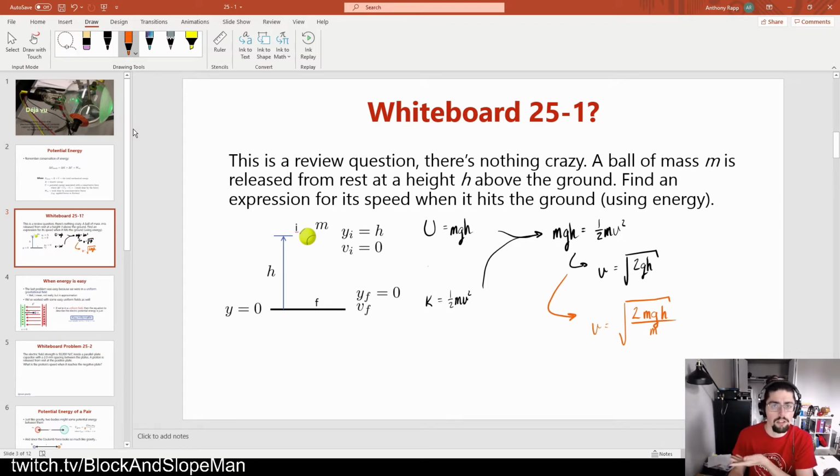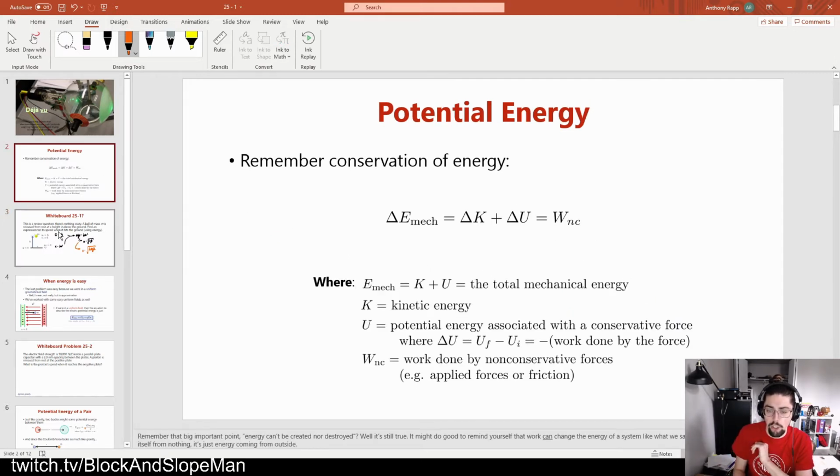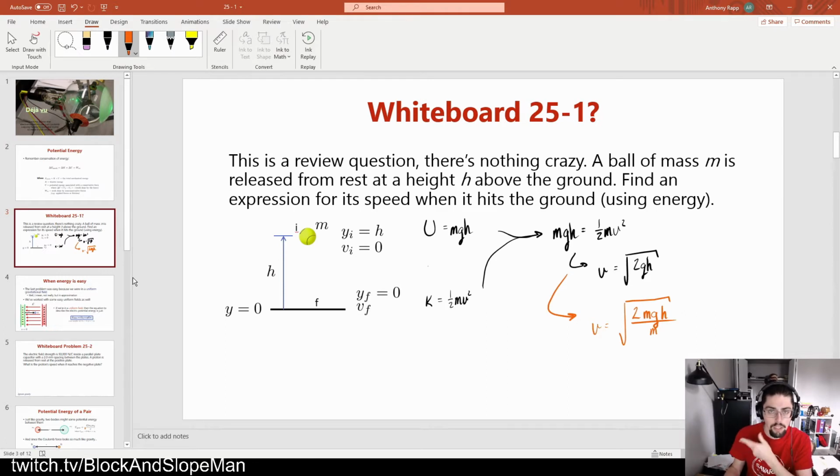Force times distance is work. Conservative work. It's not the non-conservative work from stuff like friction, but it's conservative work, and that's what makes potential energy. So 2 times force times a distance divided by m, all of that's under square root. Let's come back to this in just a minute.